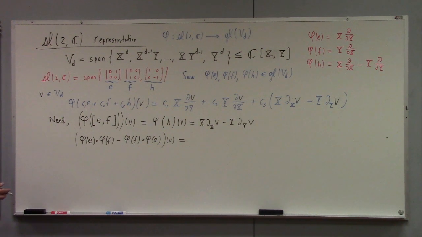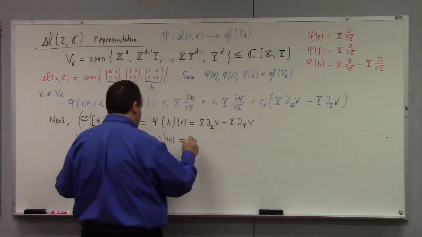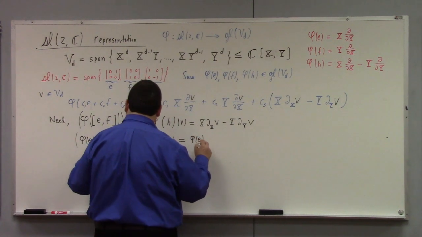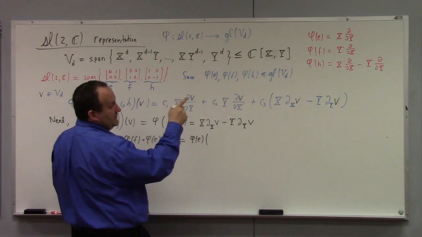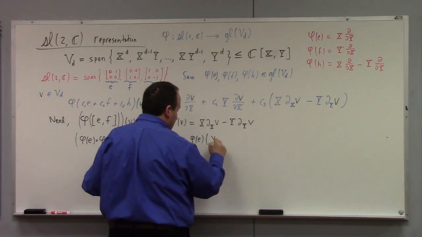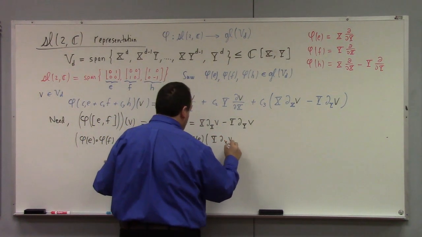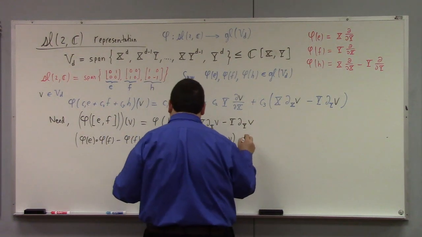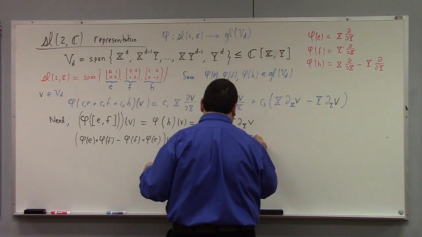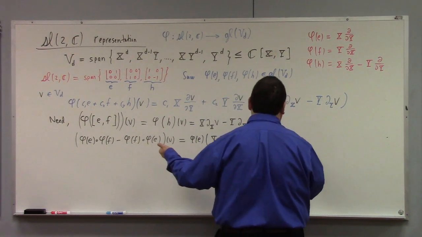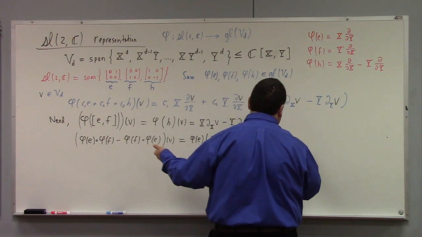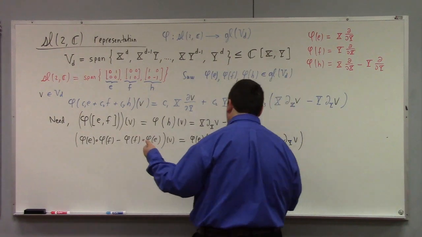Okay, so then I have phi of e acting on phi of f of v. What is phi of f of v? Well, phi of f of v is y partial x v, all right? And then I have minus phi of f, and I have to feed that phi of e v. Now, phi of e v is x partial y v, like that.